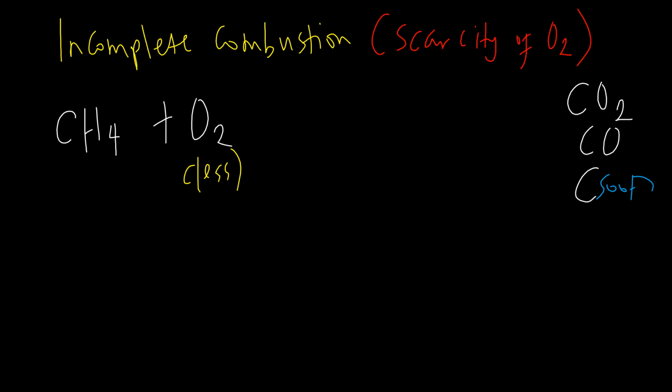Almost always because the hydrogen gets oxidized first, then whatever is left of the oxygen goes towards the carbon, which is why we have varying products for the carbon. So in this scenario, you might end up producing something like carbon monoxide because there's less oxygen, and then you would still produce water.